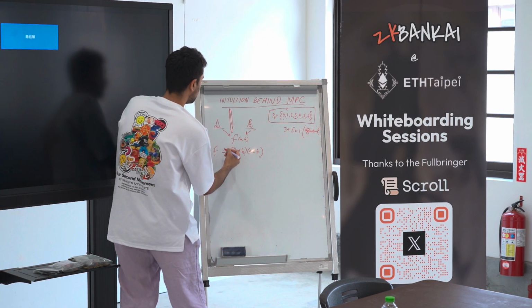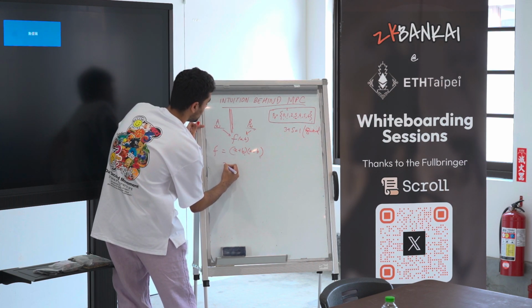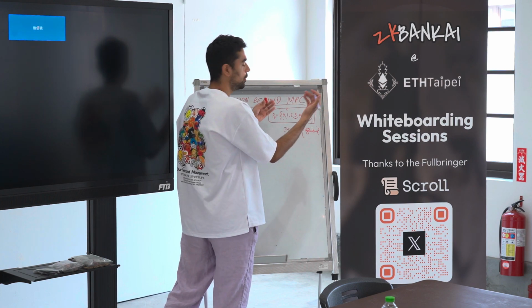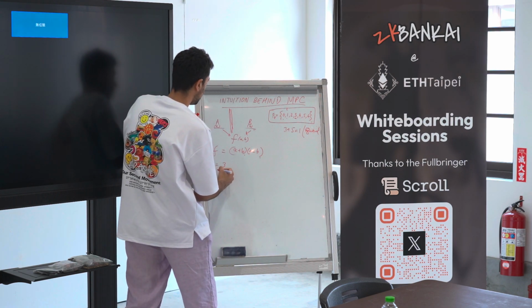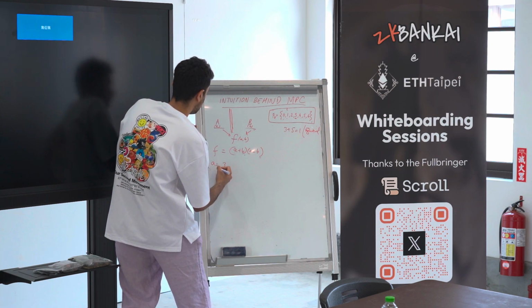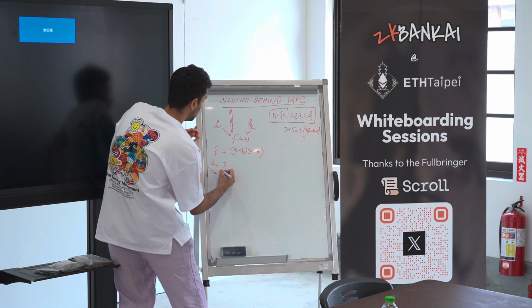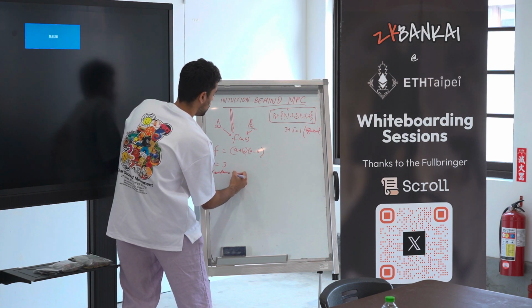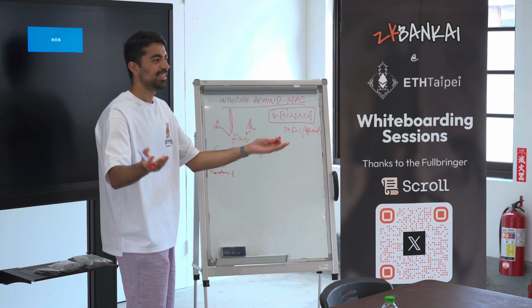So say for example the value that A has is 3, and the randomly sampled value turns out to be 4.